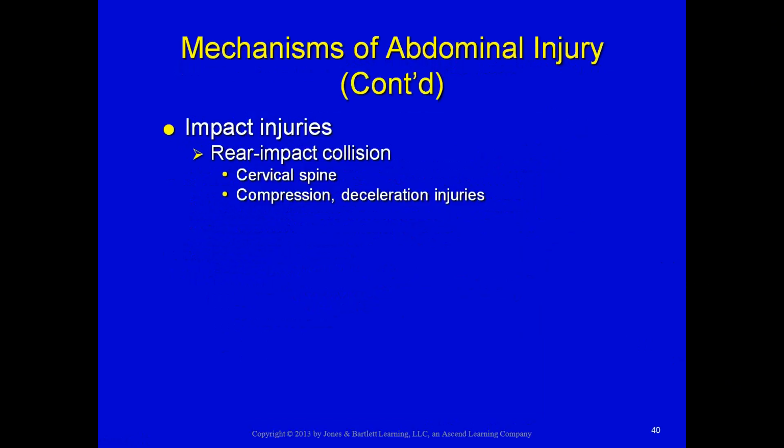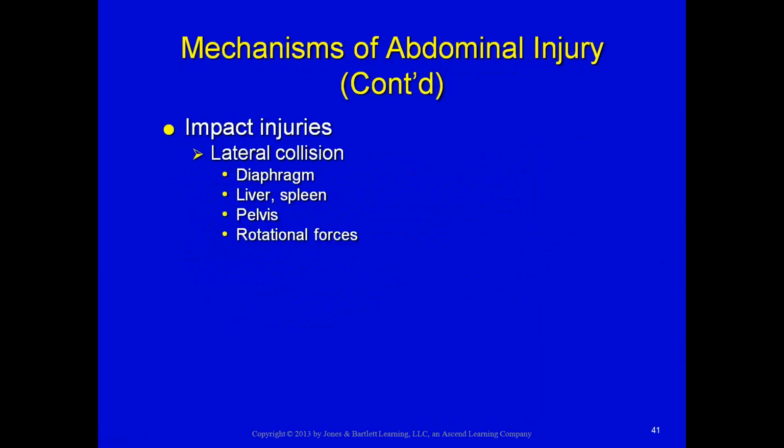With rear end impacts, you've got cervical spine injuries, but you can also have a rapid deceleration injury. Again, anytime you have a rapid sudden change in movement, either forward or back, the abdominal contents will shift forward or back, which can cause injuries to the abdomen.